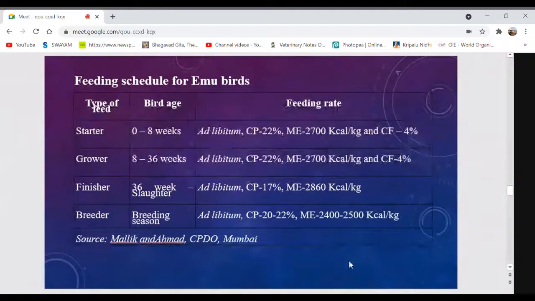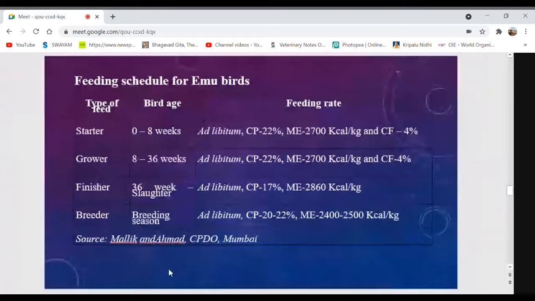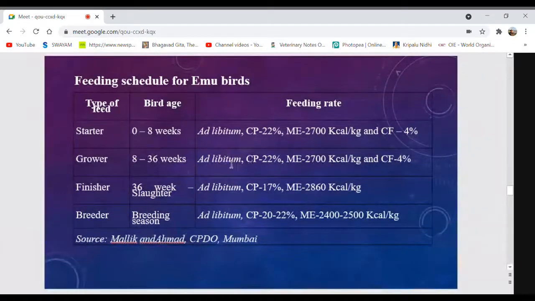Feeding schedule for emu birds: starter feed, grower feed, finisher feed, breeder meal. Starting 0 to 8 weeks, CP 22% and energy should be 2,700. 8 to 36 weeks, feeding should be ad libitum, CP 22% and 2,700, same as starting energy.